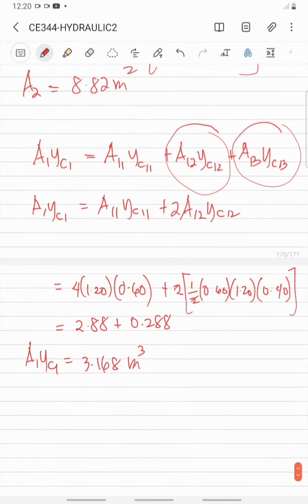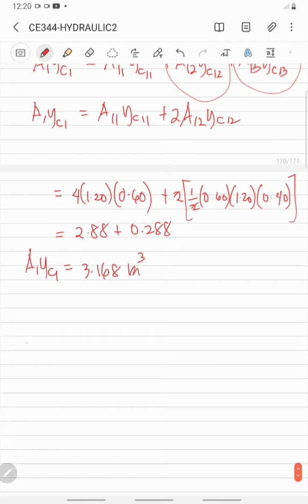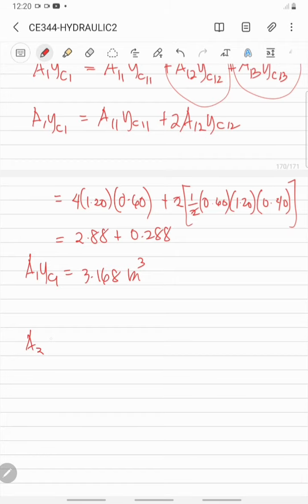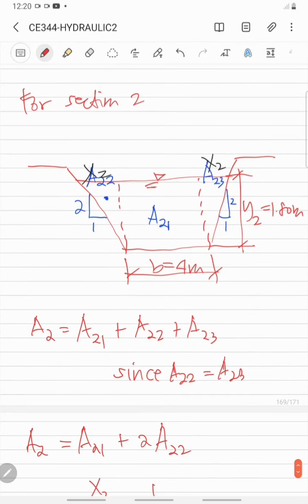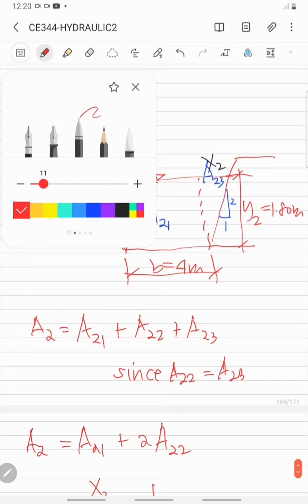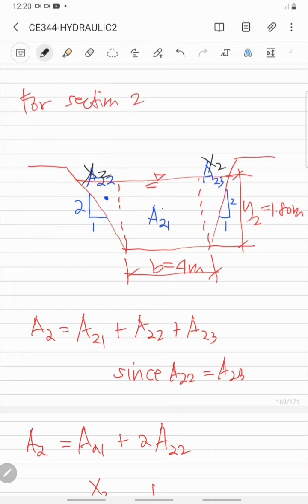Next is for area 2 yc2. The same for section 2, the location of the centroid from the water surface is your y2.